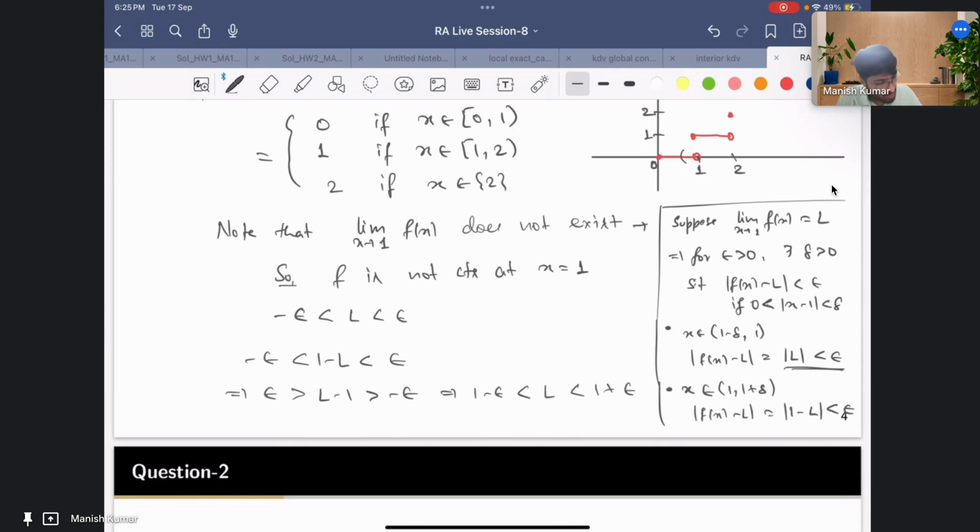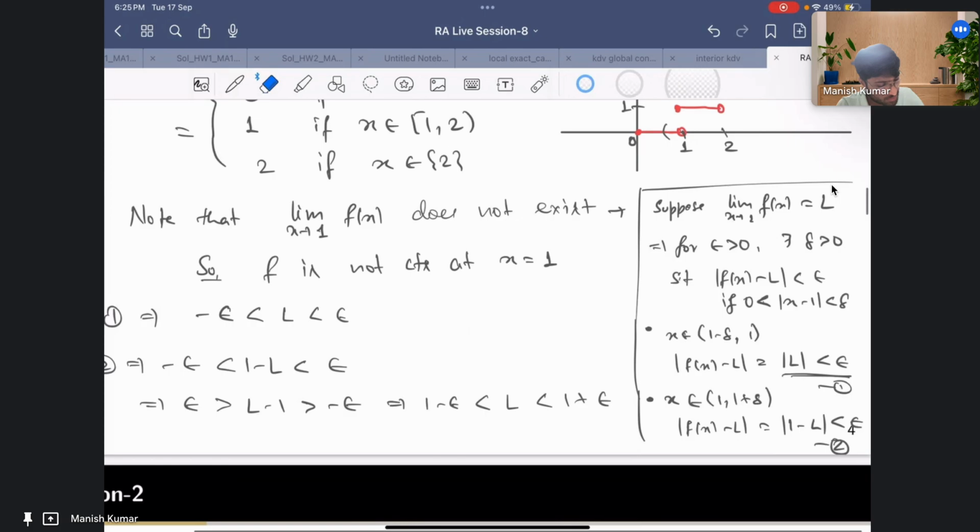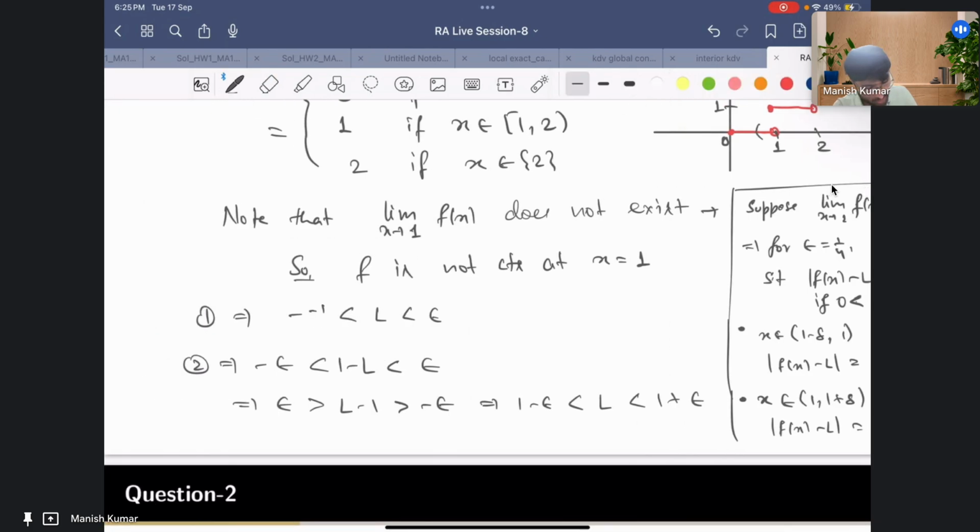So let's say 1 is giving me this condition and 2 is giving me this condition, right? Now you can clearly see that if I choose my epsilon to be half, or 1 by 4, so for epsilon equal to 1 by 4, this condition tells you that L will belong from minus 1 by 4 to 1 by 4, and this condition tells you that L will belong from 3 by 4 to 5 by 4, which is clearly contradicting, right?